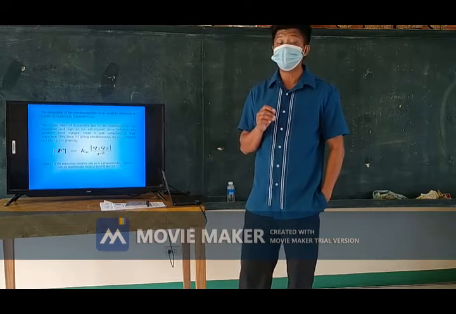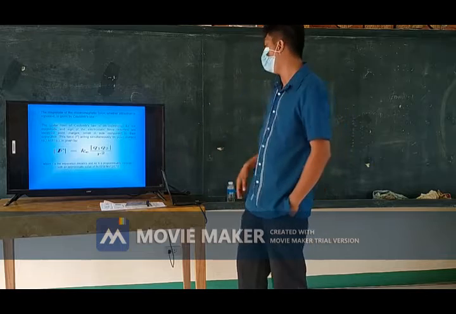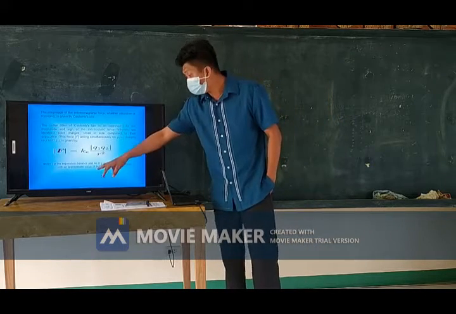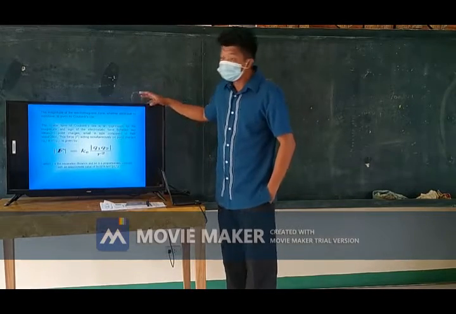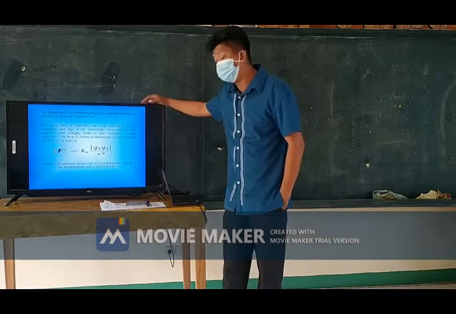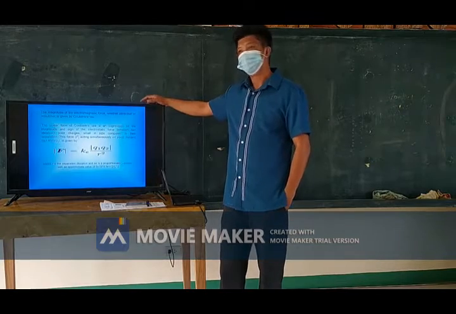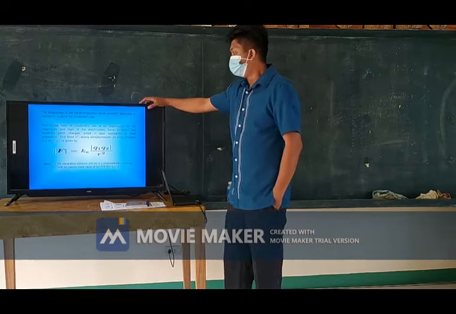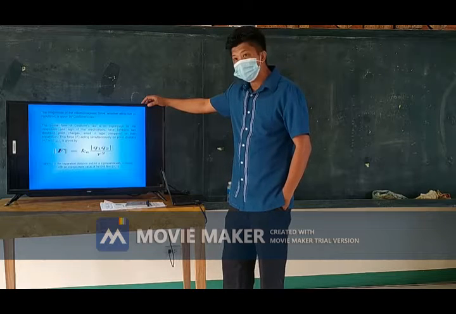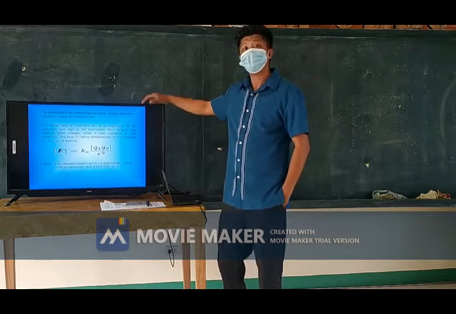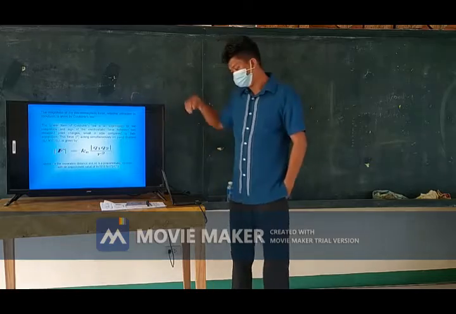It has a fixed value, again, constant, that's why it has a fixed value, which is equal to 9 times 10 to the power of 9 newton meter squared over coulomb squared. Okay? In other books, they use Fe is equal to k, then Q1, then Q2 over r squared.